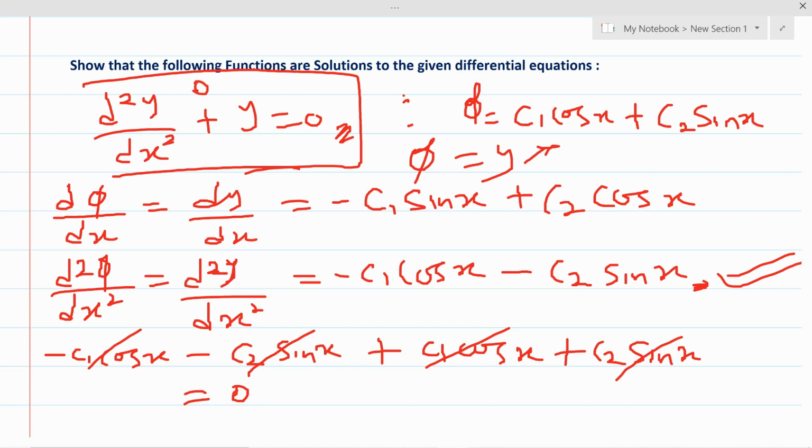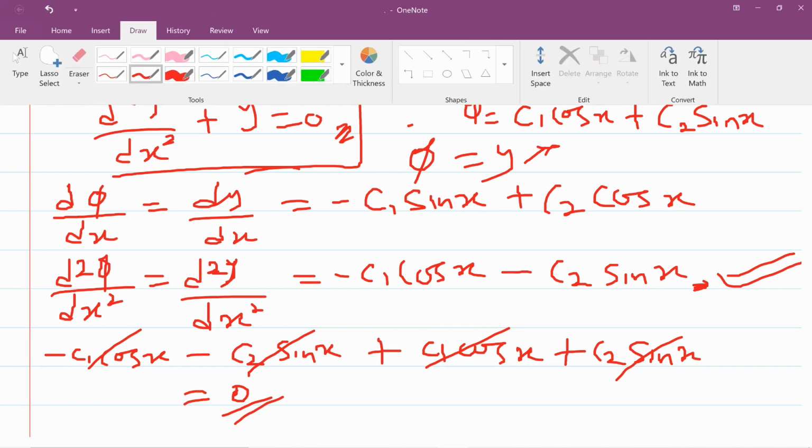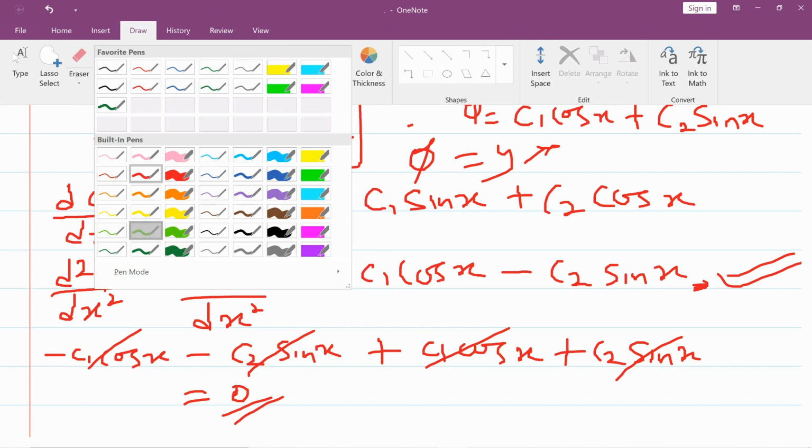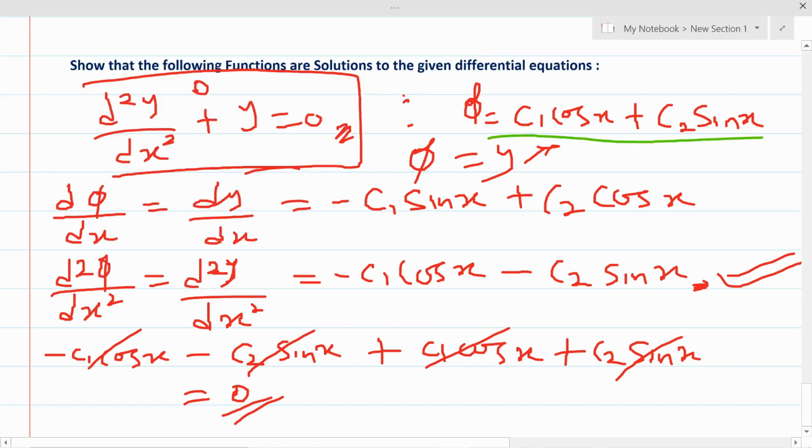It's true, because if you differentiate the solution of this differential equation two times and add it to the actual solution, you get 0. Indeed, after doing so we had 0. So this phi is a solution to this differential equation. We are done.